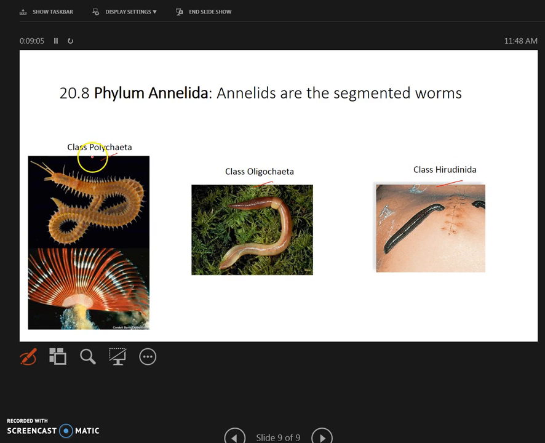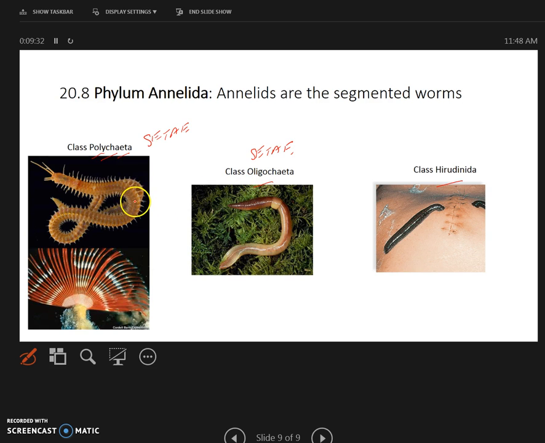The word polychaete means polychaeta, that means they have many setae. Setae are hook-like structures that help the worm, help the annelid move from one point to another. Oligochaetes are the earthworms, because they have very few setae.